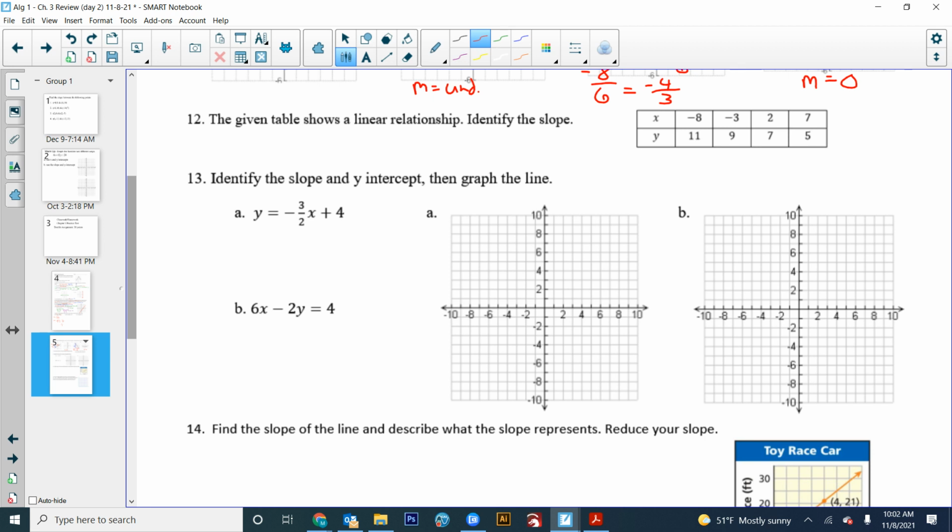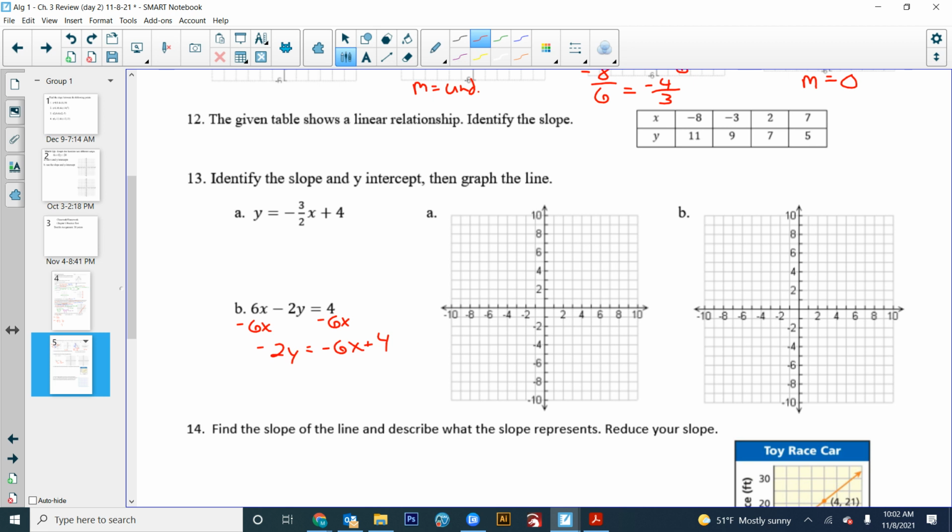Ready? What's the slope? We're looking at it. What form does it have to be in to get the slope? Y equals mx plus b. Is it? No. We just subtract 6x. So you get negative 2y equals negative 6x plus 4.